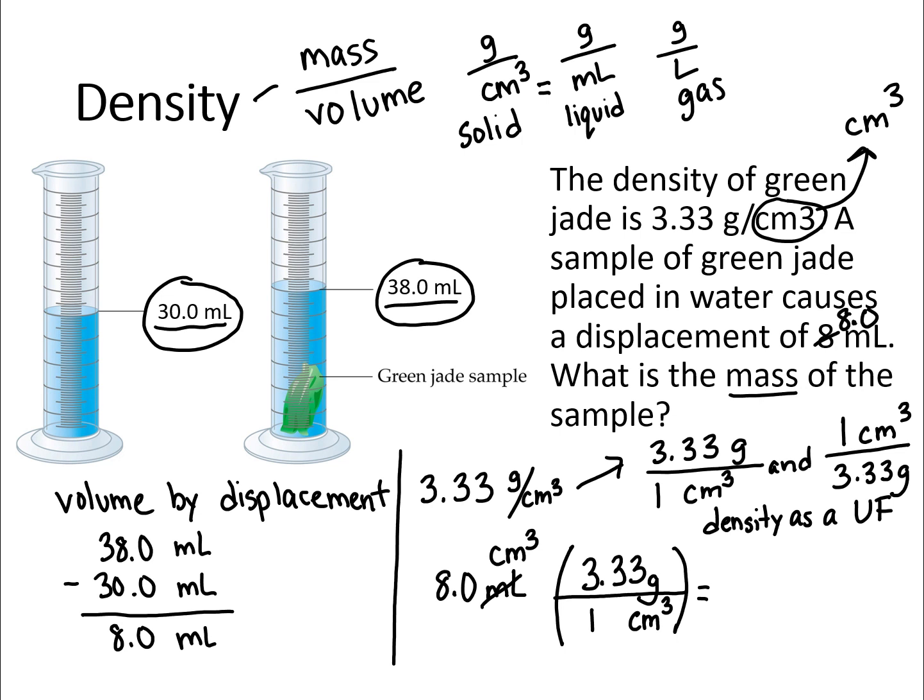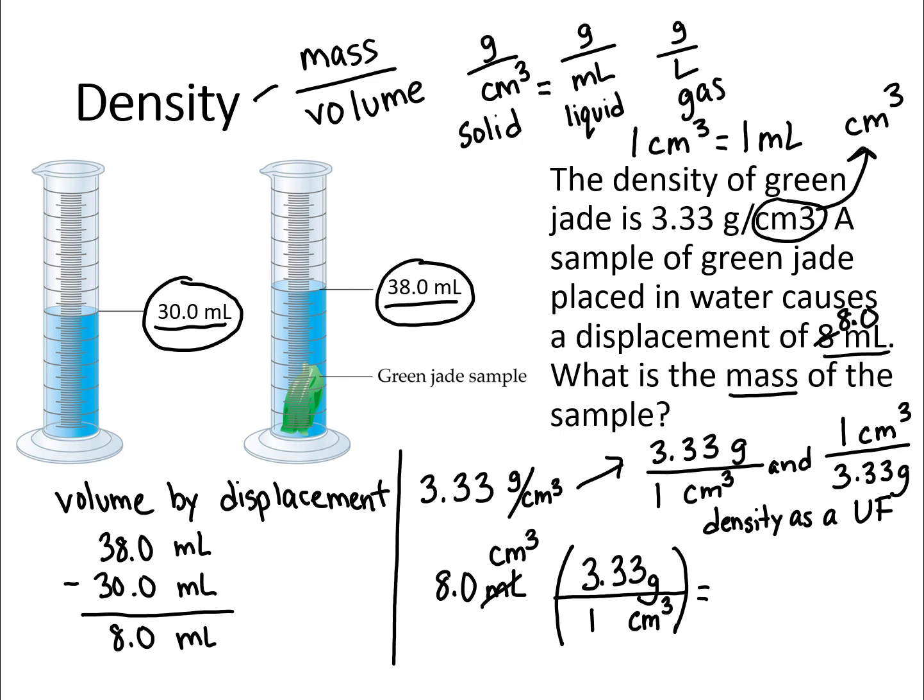It's just because it looks like it won't cancel. Our density is 3.33 grams per centimeter cubed. The volume, you were told 8.0 milliliters. It's the same thing. So if I wrote milliliters there, it would look weird to cross it out. Yes, 1 centimeter cubed is equal to 1 milliliter.